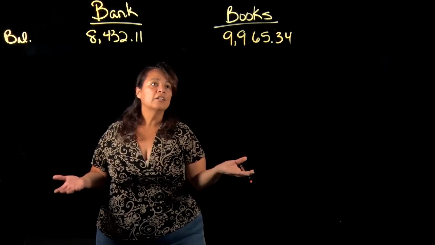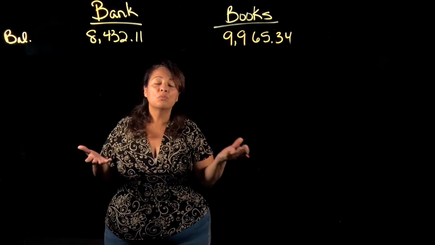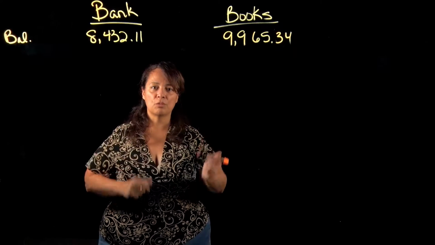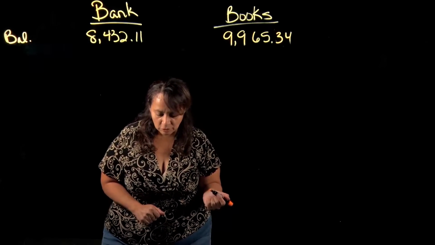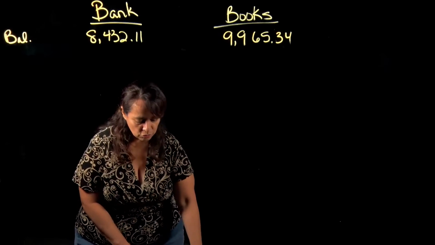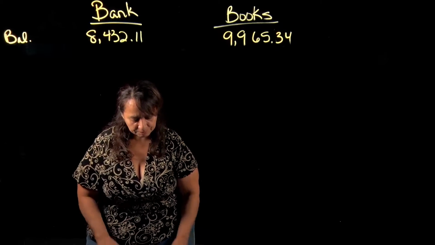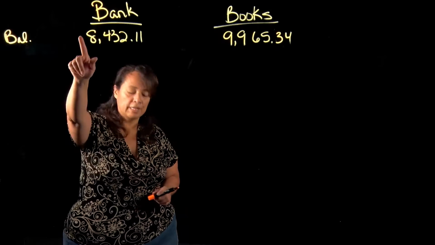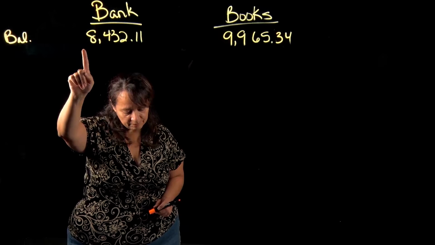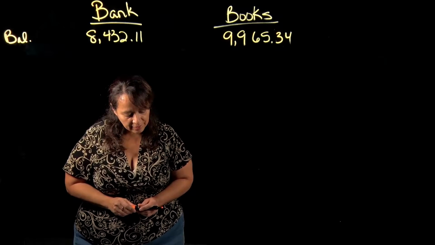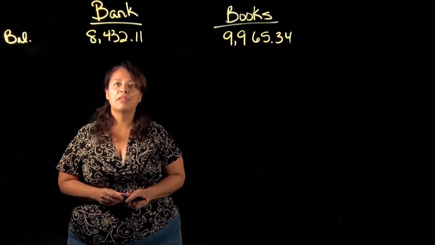All right, clearly different numbers, and we need to reconcile the differences so that when we get down here, these two numbers match. All right, so let's go starting at the top and figure out what we need to do to reconcile these two accounts. Letter B tells us that not included in the bank statement is a $12.50 deposit made by the company late on May 31st.